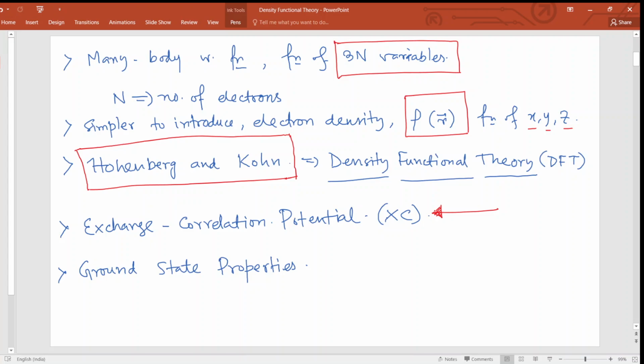There is the Pauli exclusion principle, so certain requirements have to be satisfied, and we have seen already that that's why the Slater determinant comes into the picture. No two electrons with exactly the same quantum numbers can be in the same state. So this exchange correlation functional, or this potential term, which takes care of this, is introduced, and that is the most significant contribution, or addition, to this theory.